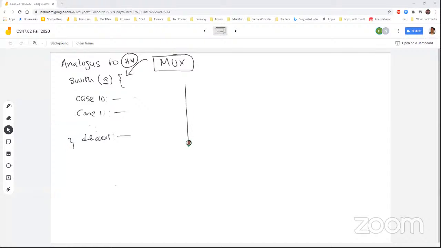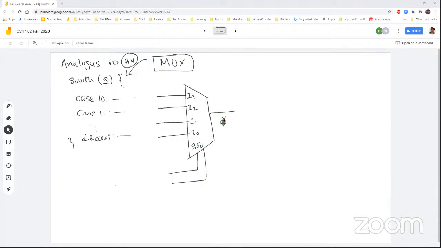It is practically saying that, let's say I have 4 inputs coming in, I3, I2, I1, and I0, and I have selection bits S1, S0. So what practically this is telling is: switch on S1, S0. So we're looking at the value of S1, S0.